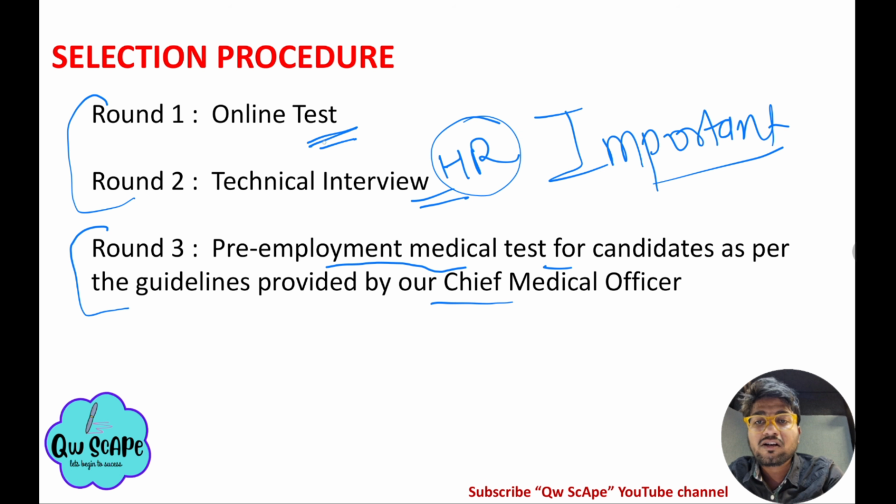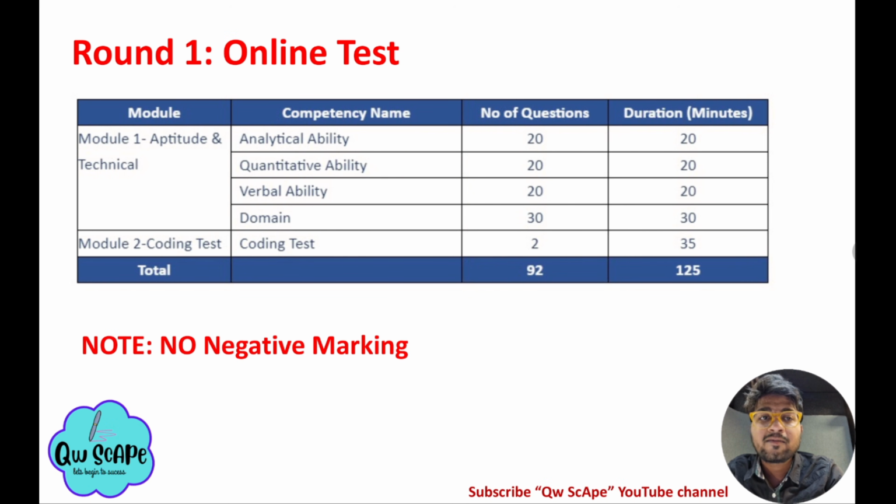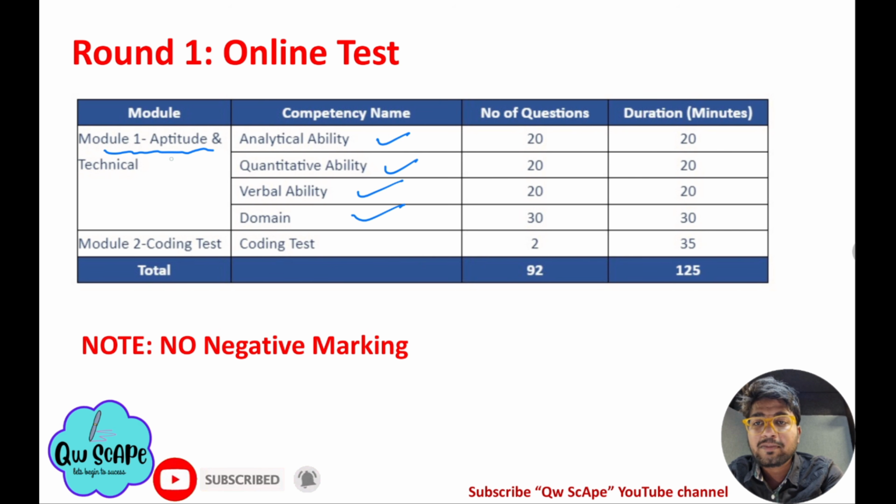So first we will talk about round 1, okay? What's the pattern for the round 1 online test? In the previous drives, these are the topics they have asked in the online test. They have given analytical ability, quantitative ability, verbal ability, and domain based questions, which come under module 1, aptitude and technical, okay? And module 2 is the coding test, okay?